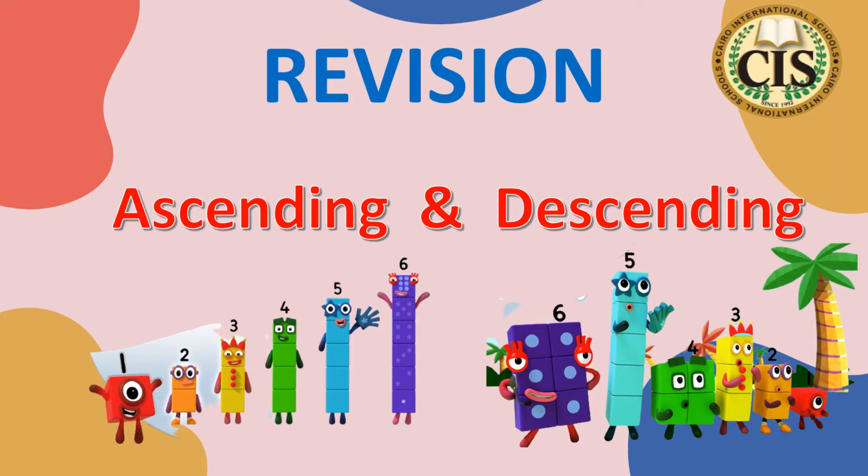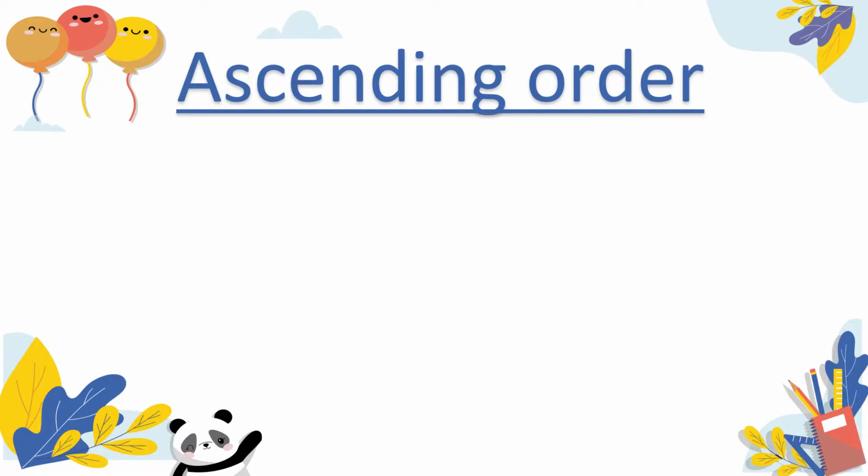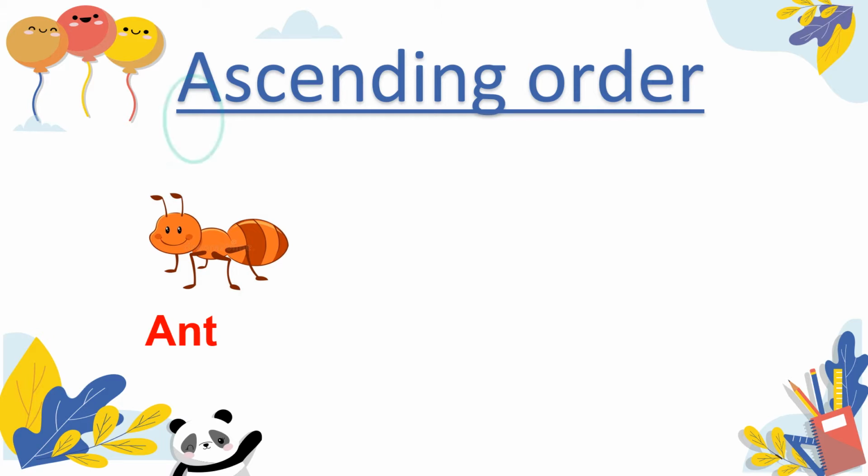Now let's make a revision about ascending and descending order. The word "and" starts with letter A, like ascending order starts with letter A, and it is very small.